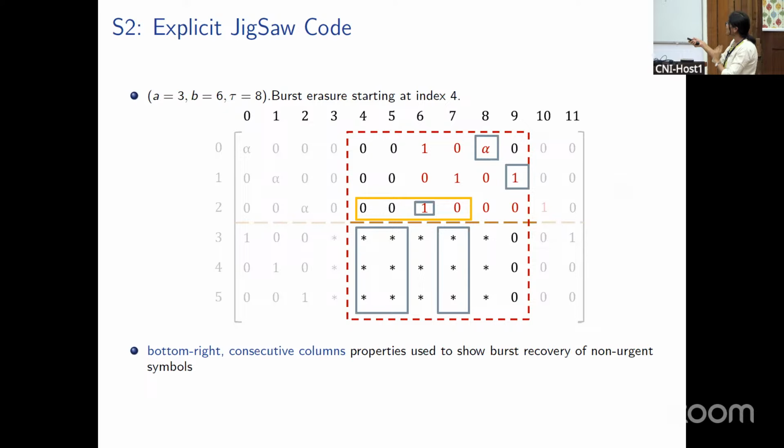But here is where you will have to see why these zeros are helping us out. If you look at this B cross B submatrix and the bottom right property, this is a 1 cross 4 submatrix where you have 3 0 columns. So you only need to show that the blue submatrix that is highlighted here is invertible. As long as that is invertible, this whole submatrix will be invertible. Here anyway there are ones, so we don't have to worry about this larger matrix. We only have to worry about the smaller matrix.